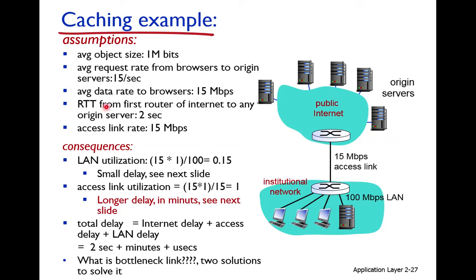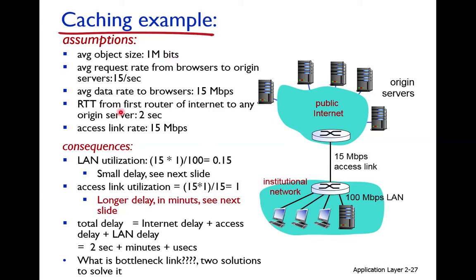So the data rate from the server to the browser is 15 MB. Why? Because there are 15 requests per second, so 15 responses per second from the server, and each response has an object, and each object is 1 MB.